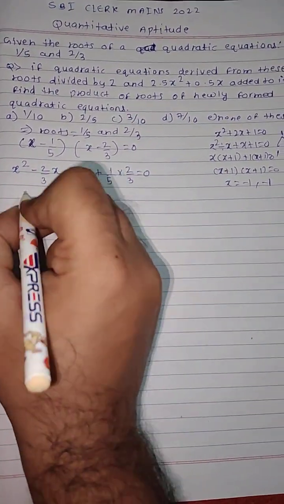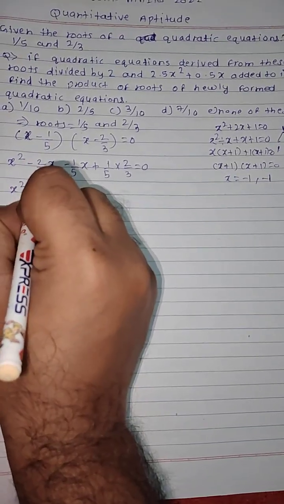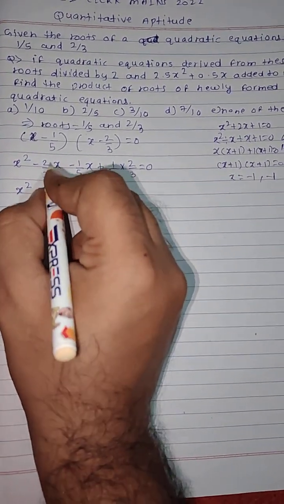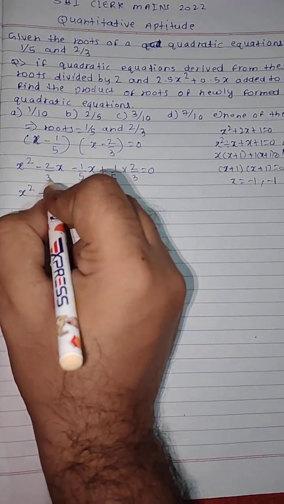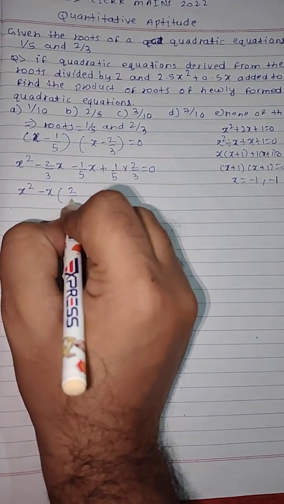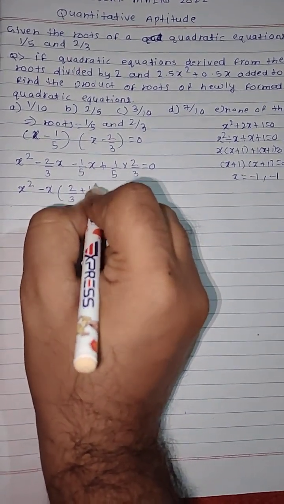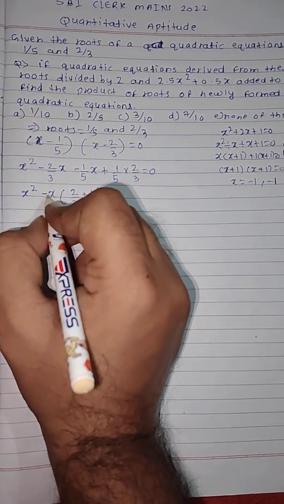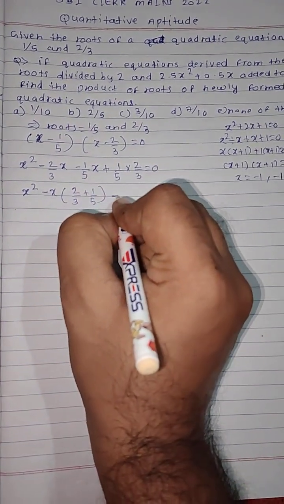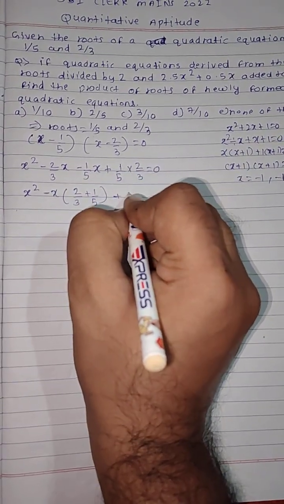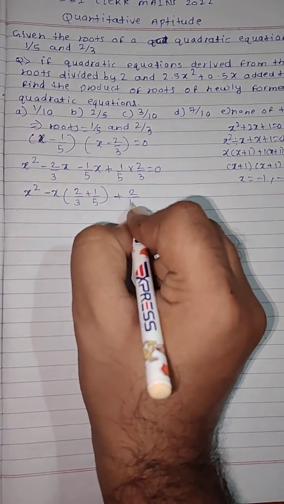Now we solve: x square as it is. We take minus outside, and inside the bracket will be 2 by 3 plus 1 by 5, x as it is, and then 2 by 15 equal to 0, since 5 into 3 is 15.